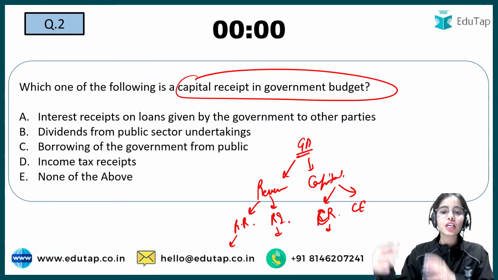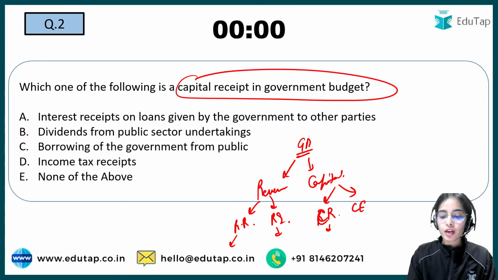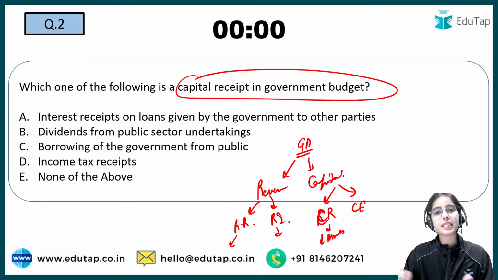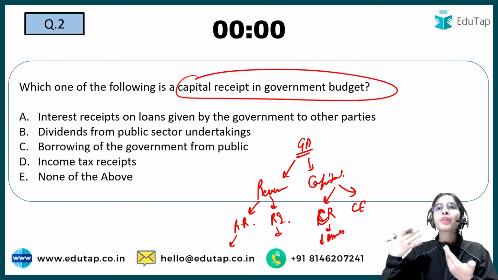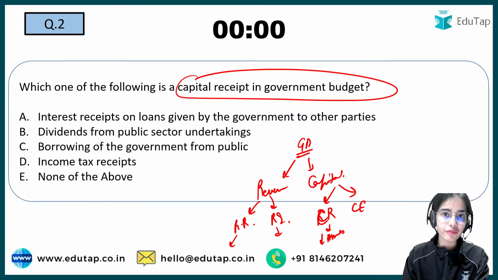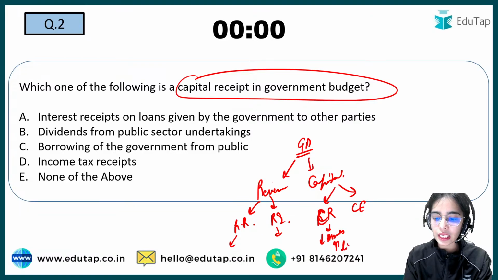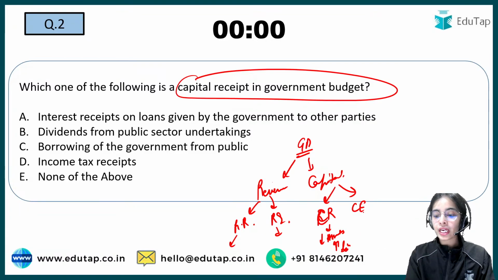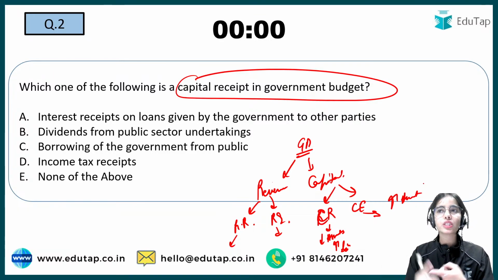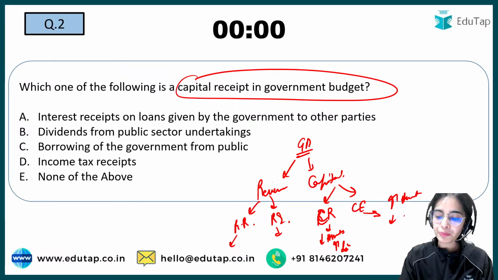Capital receipts, the government receives by decreasing assets, by selling its own assets, the land, the property, the public sector undertakings, or disinvesting in them, or by increasing the liability, that is taking loans. Capital expenditure, the government is increasing the assets by making roads, buying machinery, tools, equipment, or reducing the liabilities by paying back the loans.